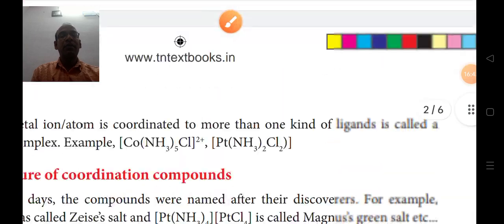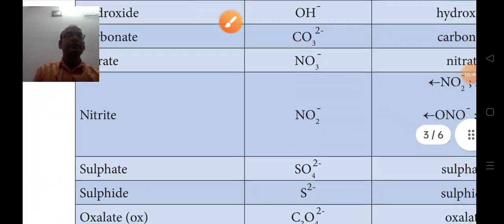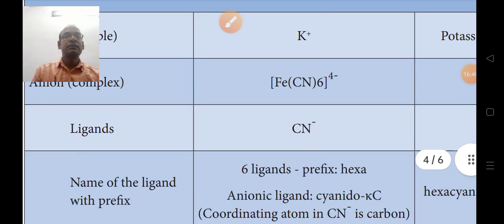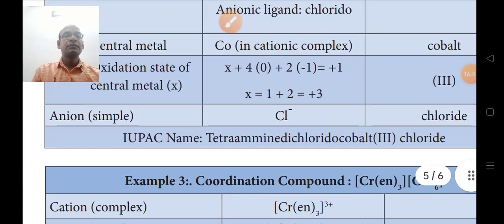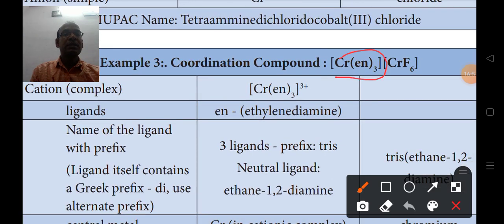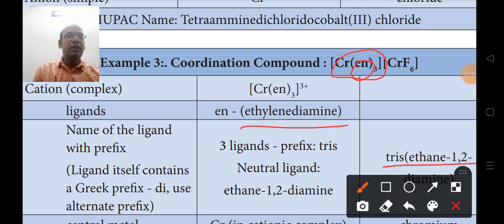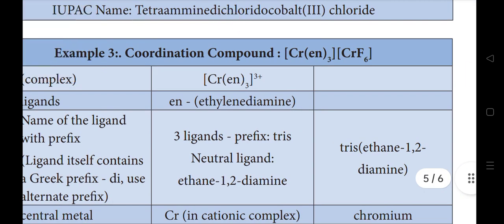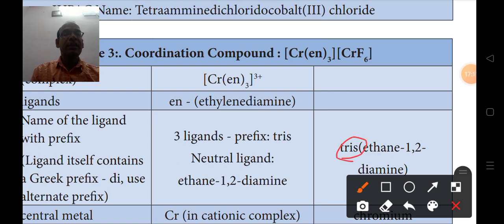For example, in this complex ion, En is ethane 1,2 diamine. We put the name tris, that is, tris indicates this En is 3 times. Why do we use tris here? Because the name itself has a di, therefore use the tris.